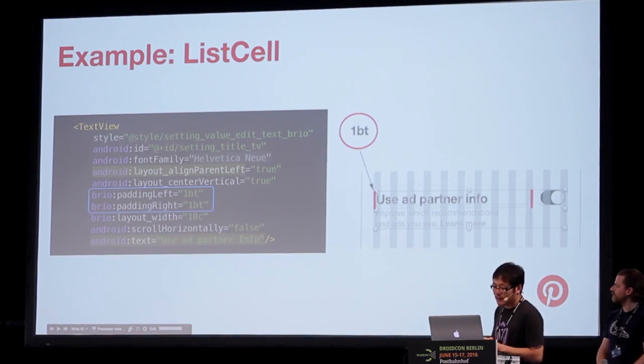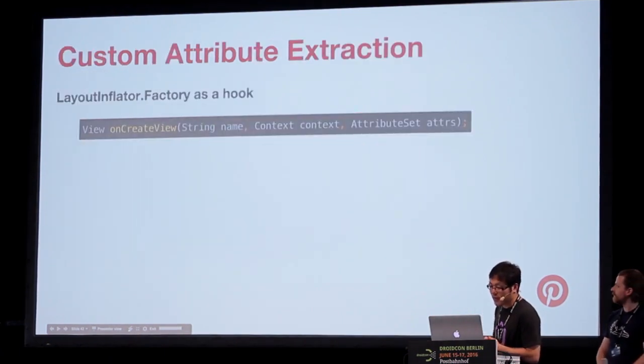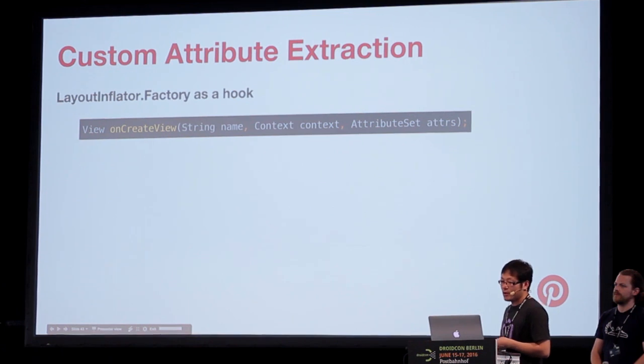So, okay, let's look at how we implement this custom attribute approach. The Android system doesn't know those Braille attributes at all. In order to translate those Braille attributes into actual pixels at runtime, we set an inflater factory into the default inflater as a hook.